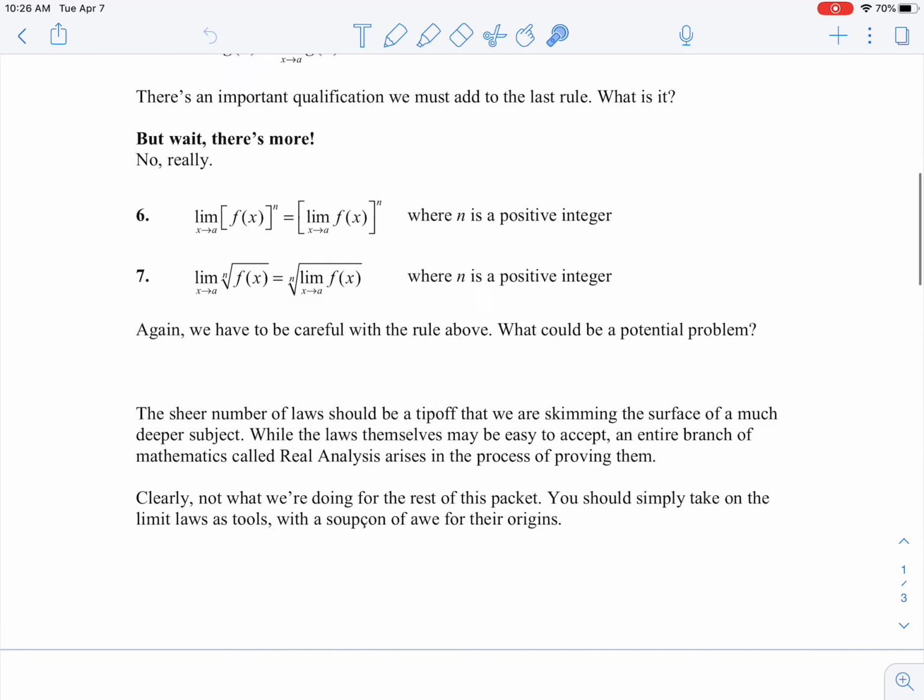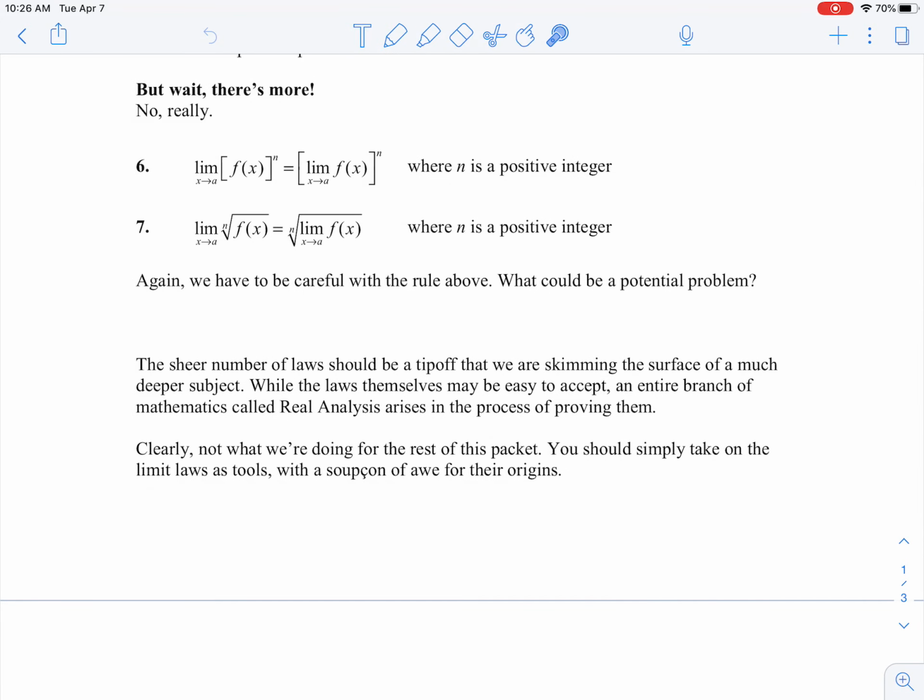But wait, there's more. No, really. We can say that for exponents, the limit of a function raised to a power, and remember, functions could be very similar. This could just look like the limit as x approaches a of x to the n.